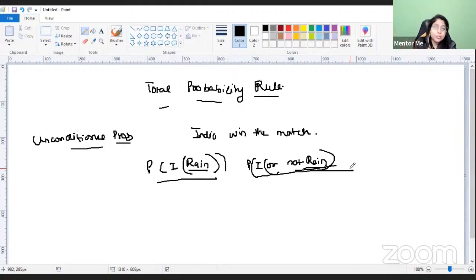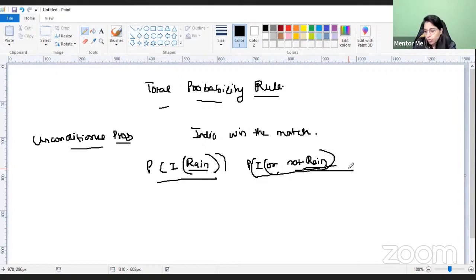Now these are conditional probabilities: probability of India winning or not winning based upon a condition, condition A being rain, condition B being not rain, right?